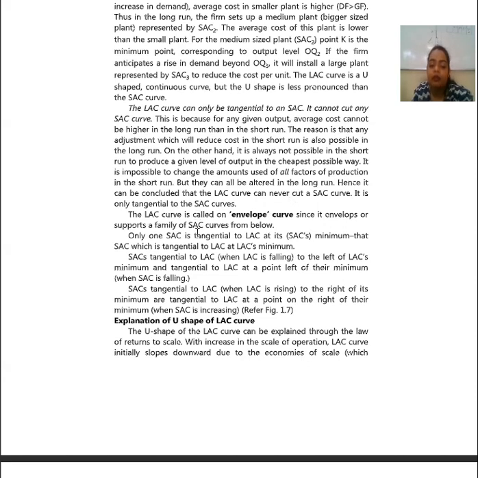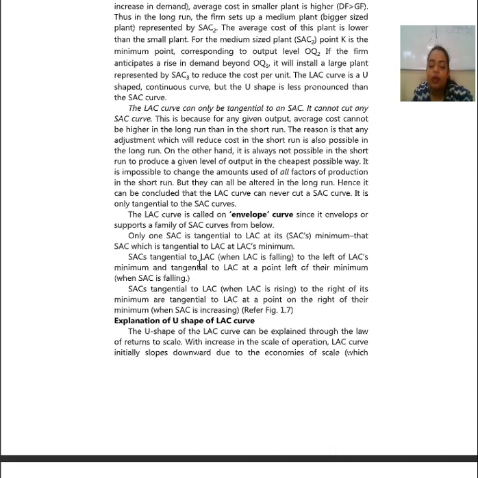The LAC curve is called an envelope curve since it envelopes or supports a family of SAC curves from below. Only one SAC is tangential to LAC at its own minimum, that SAC which is tangential to LAC at LAC's minimum.